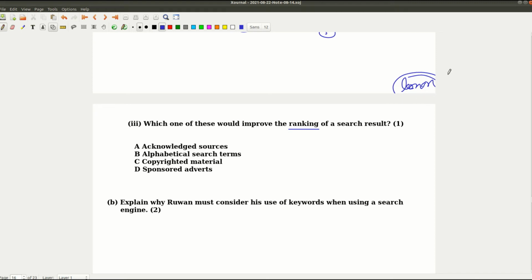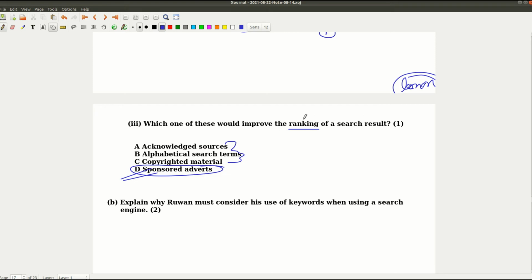So what happened? Acknowledged sources, copyrighted material, alphabetical search terms. No, these all will not be required. Only sponsored advertising. It means if you pay, then Google will sponsor your advertisement, right? If you sponsor, then it will show.